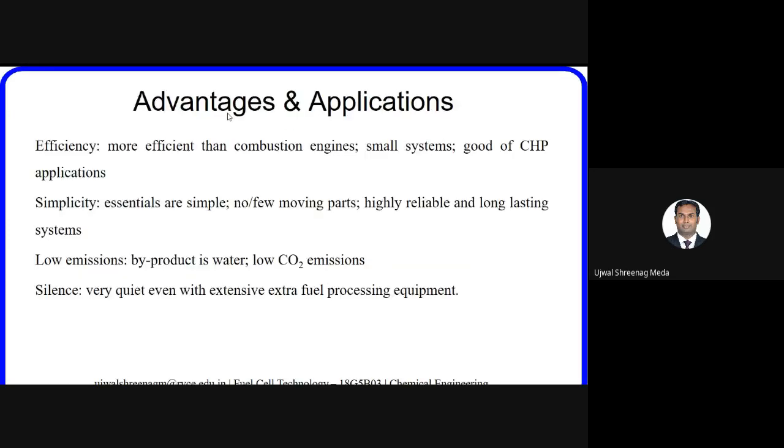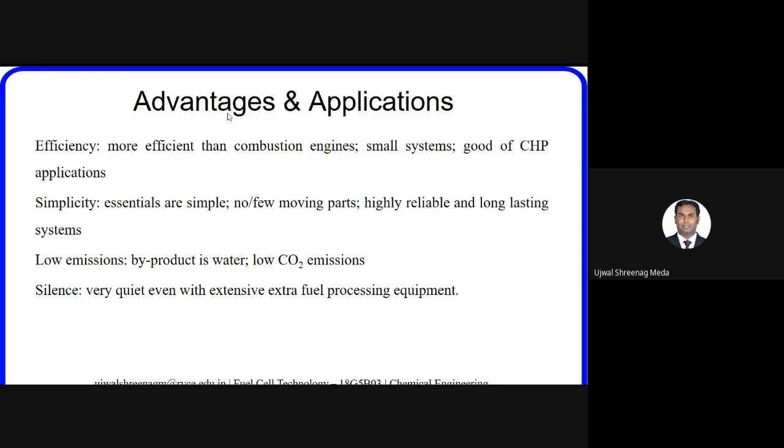Okay. So with that, there are a few general advantages of fuel cells. One is the efficiency. Fuel cell systems are more efficient than IC engines. They are usually compact, and in some fuel cells we have the advantage of CHP as well. CHP is combined heat and power.